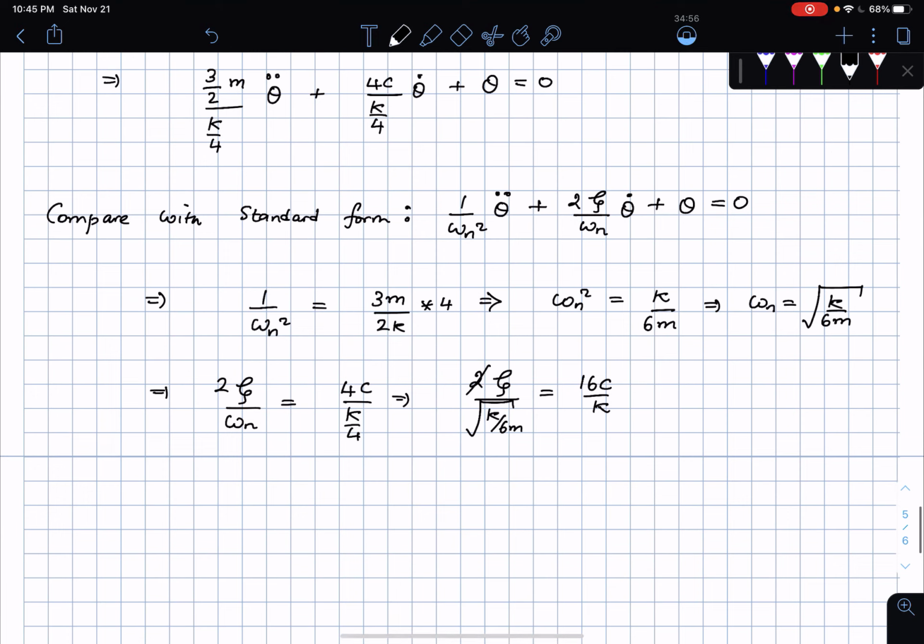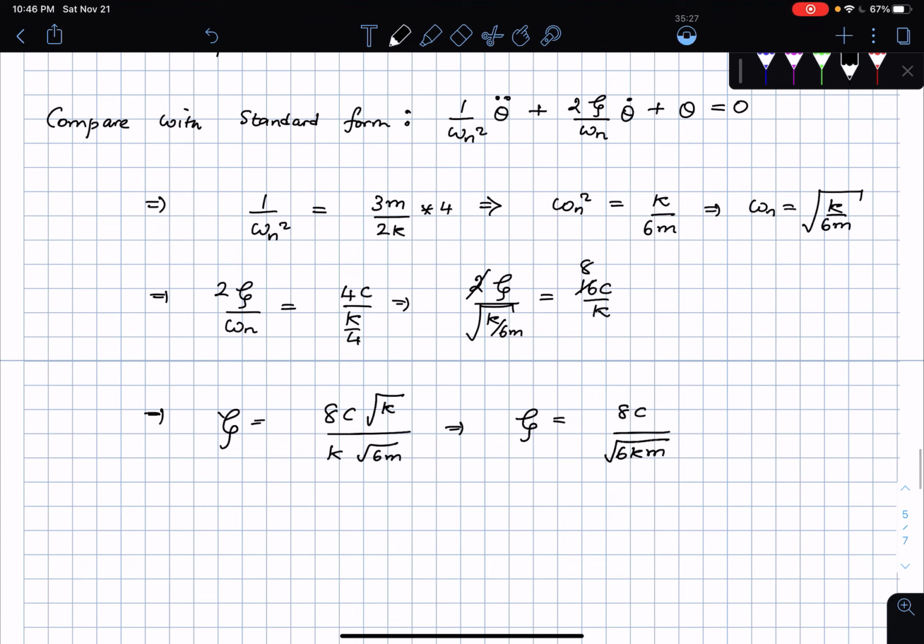I can get rid of the factor of 2 and make this 8, which tells me that zeta is going to be the following. This is going to be 8c, and then I'm going to have a k and square root of 6m. The square root is gone, so zeta is 8c by root of 6km.